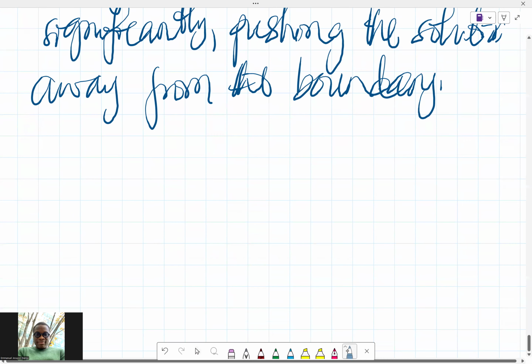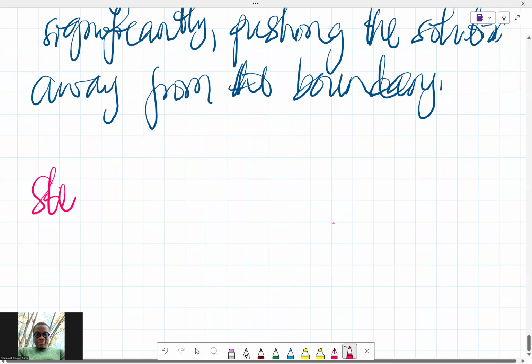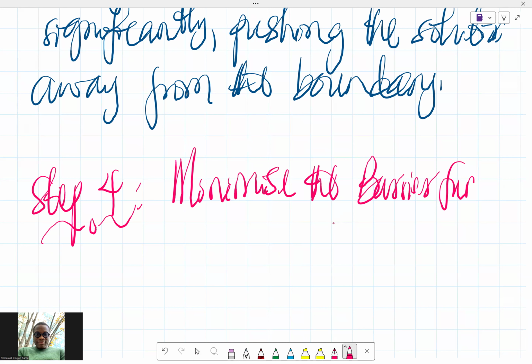So with that done, we can talk about step 4. Step 4 now is where we minimize the barrier function. Minimize, just like we also minimize the penalty function, minimize the barrier function. Okay.